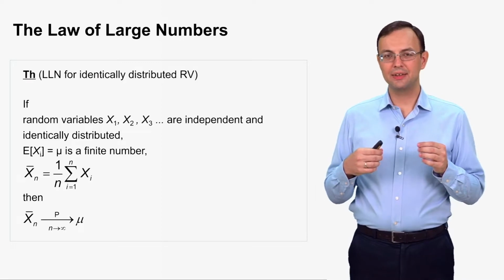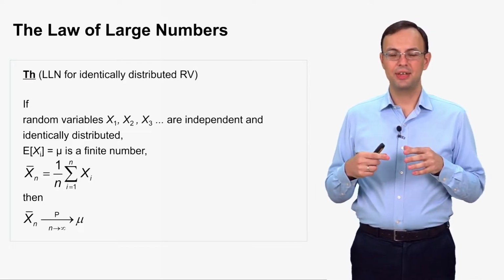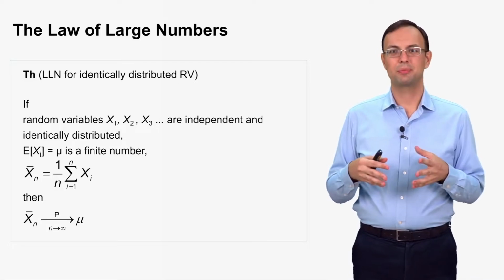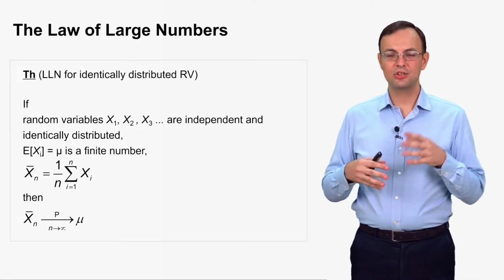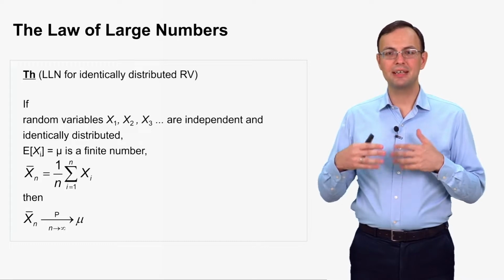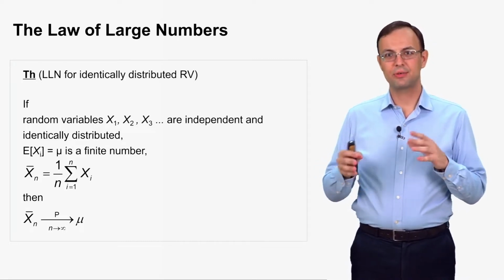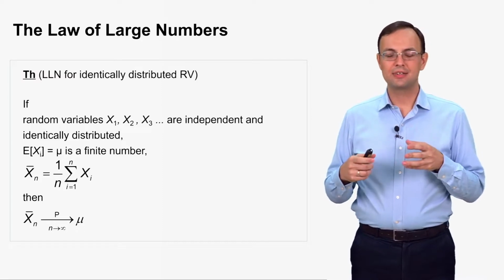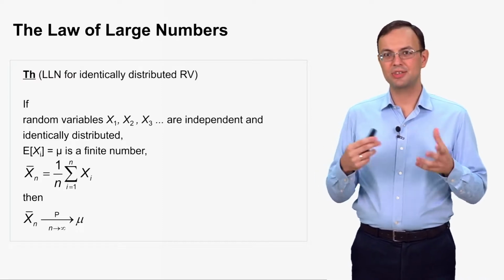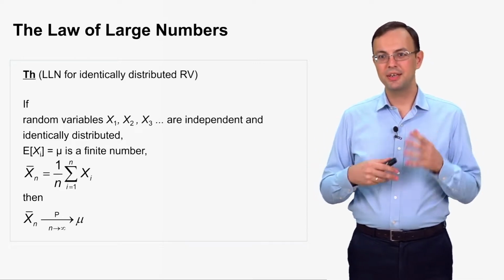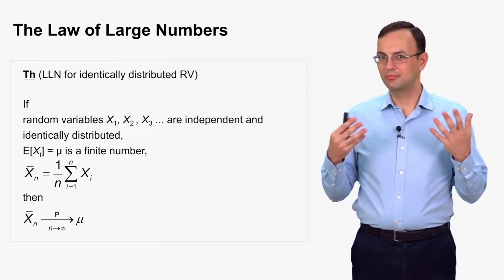Because this variant is the most often used in practice, because its conditions can be easily checked. For the other variants of the LLN, it is sometimes difficult to understand whether the conditions of the theorem are met or not. And here it is usually easy.